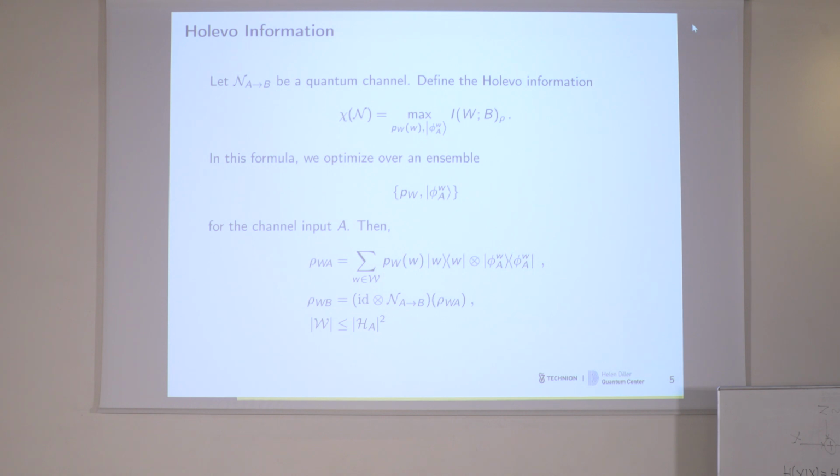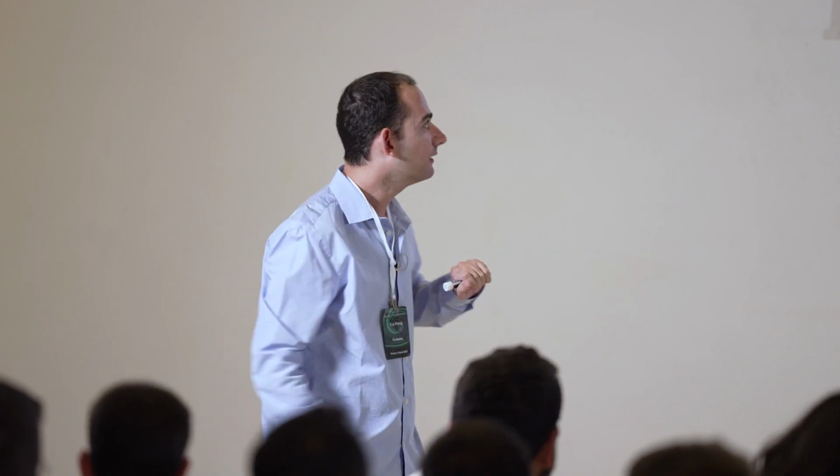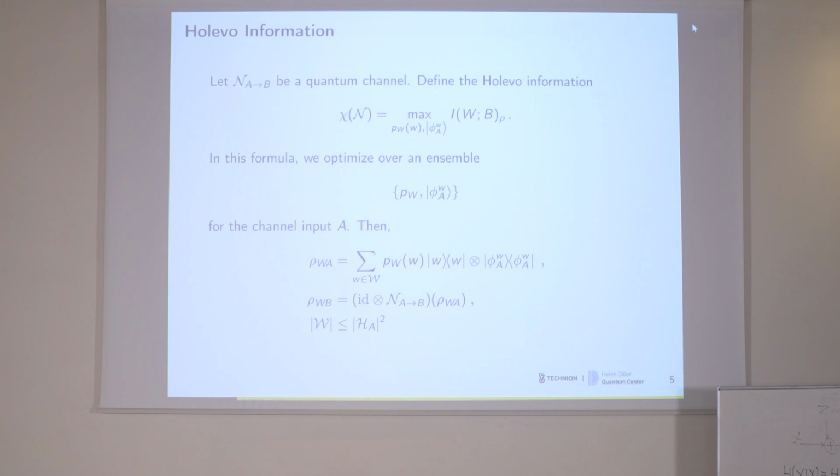So in this formula, we maximize over an ensemble of states for the channel input A. So we look at a set of input states phi A, where W is an index of this collection of states. We also have a distribution over this collection of states.